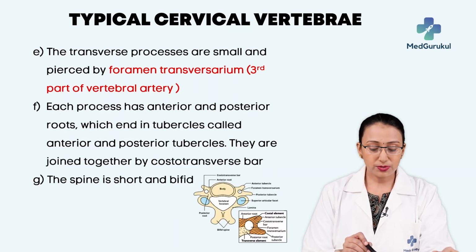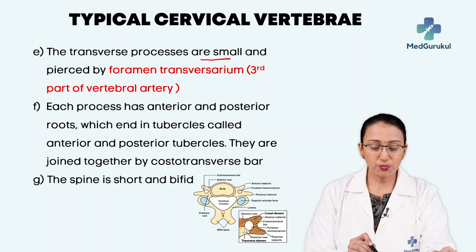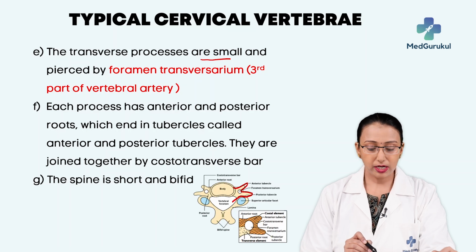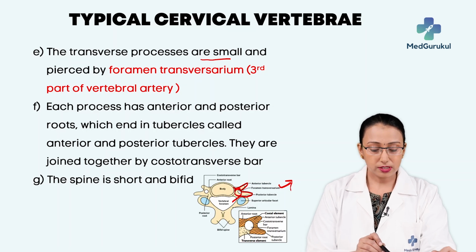Coming to the transverse process. We know that any vertebra has a transverse process on either side. In this typical cervical vertebra, the transverse processes are smaller, and each has a foramen called the foramen transversarium. What structures pass through it?